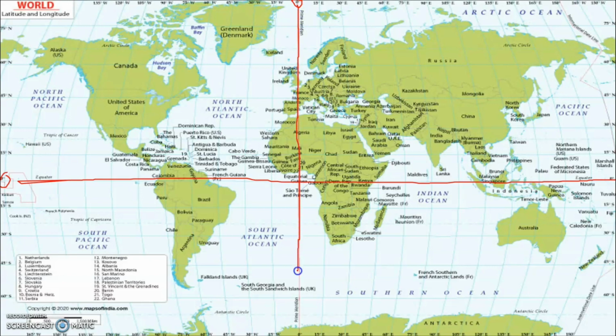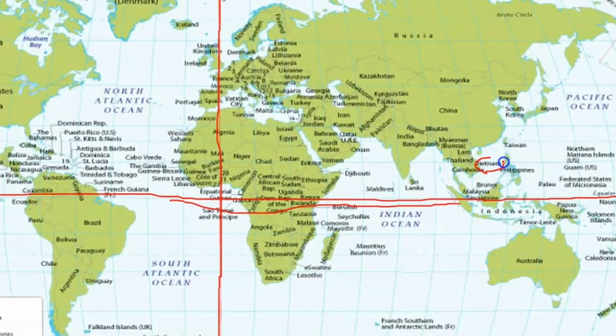Ibig sabihin, kung ito yung ating equator, lahat ng nandito sa taas yun yung north. Ito yung pa-south. Tapos, kapag naman dun sa kabila, this is east and this is west. Now, nasan yung Vietnam? Ang Vietnam ay na ito.